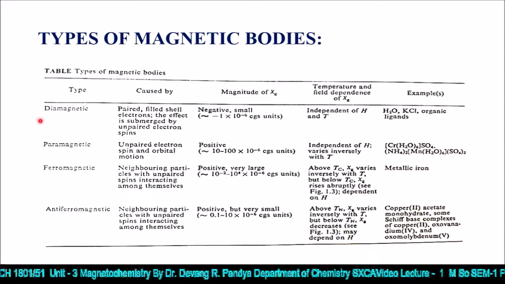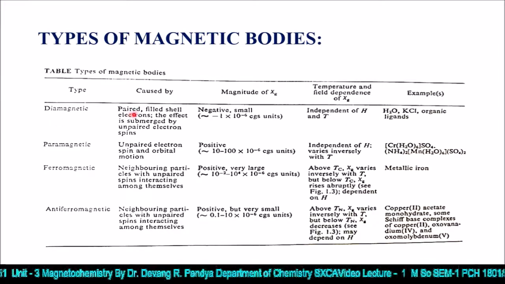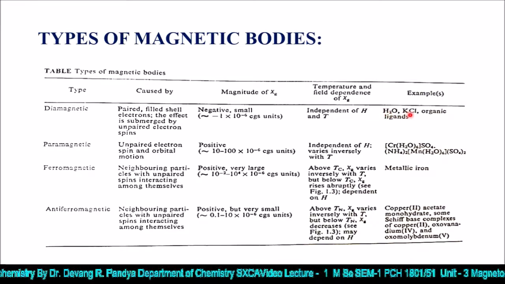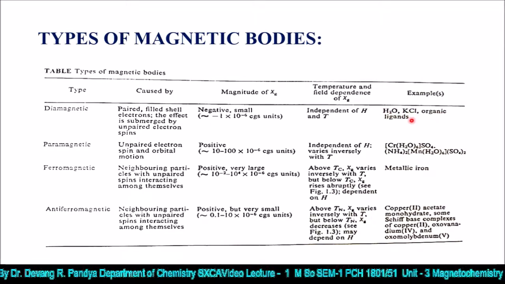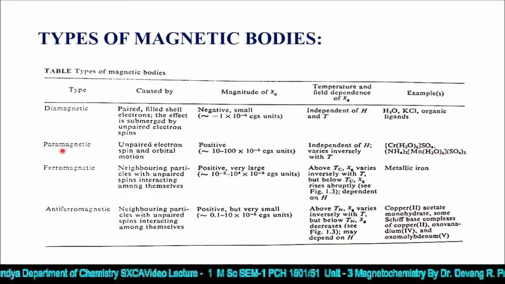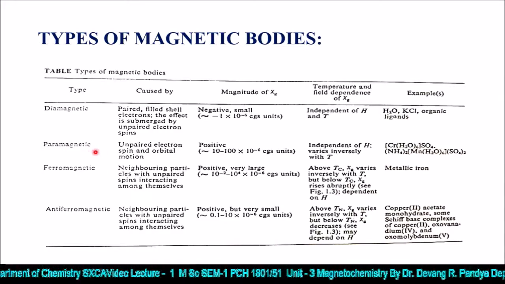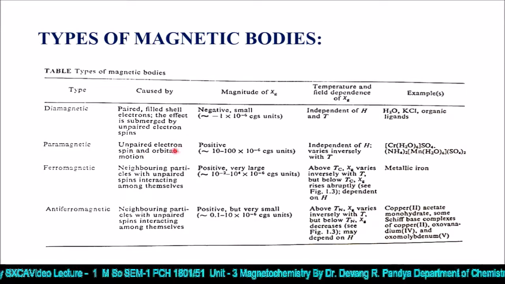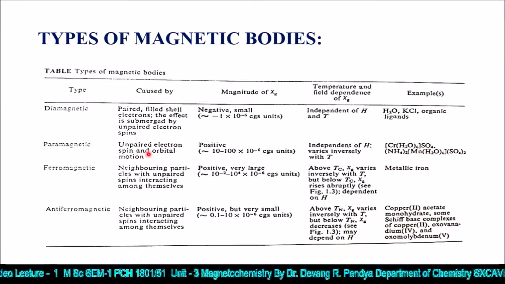Examples of compounds that act as diamagnetic substances are H2O, KCl (potassium chloride), and organic ligands which have paired up electrons. Now, paramagnetic material is caused by unpaired electron spin and orbital rotation or motion.